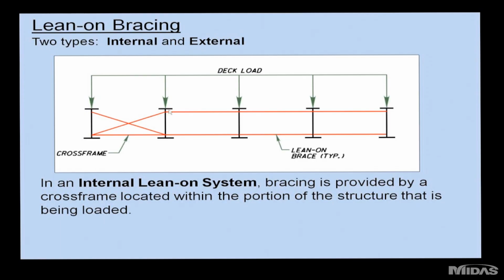When the system deflects, you will get some twist in this system. But you can limit it by carefully placing the cross frames in places where there is not a lot of differential deflection. And it does require a refined analysis to predict forces and deflections of this system.